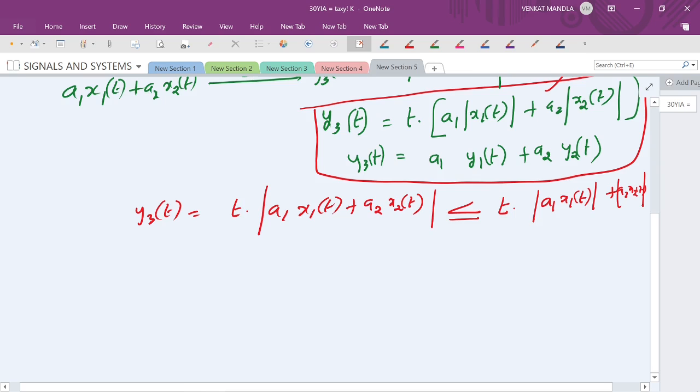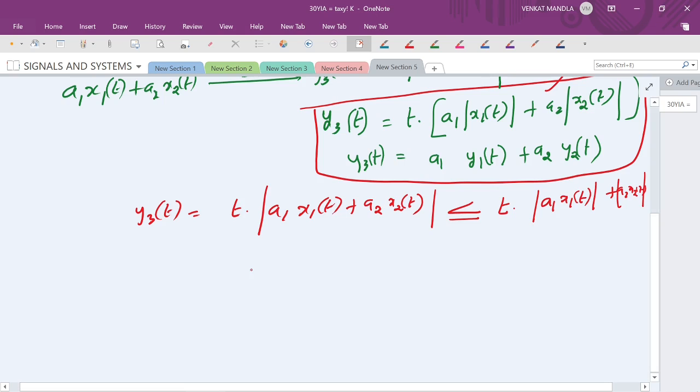So it becomes equal only when a1 x1(t) equals a2 x2(t). Only then does this equality condition hold. Otherwise, this is always less than this one. Okay. So I have already explained this condition in the previous lecture. Otherwise, I will explain here also.